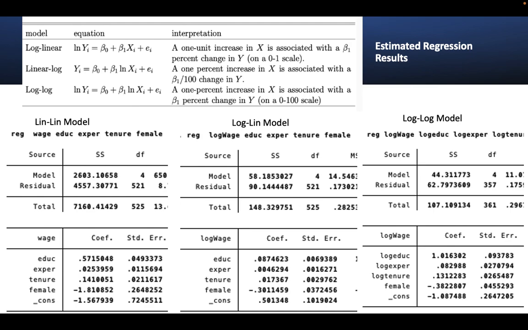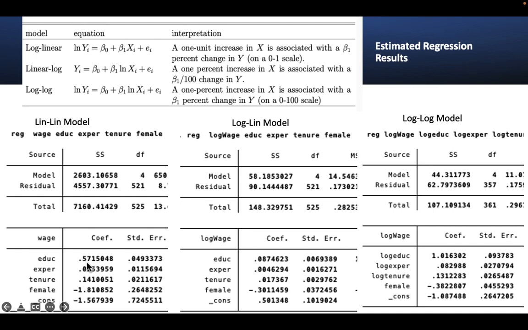So, for example, over here, if you talk about log education, the way you interpret this coefficient is you say that when education increases by 1%, wages increase by 1.01%. Whereas in the lin case, these were units.